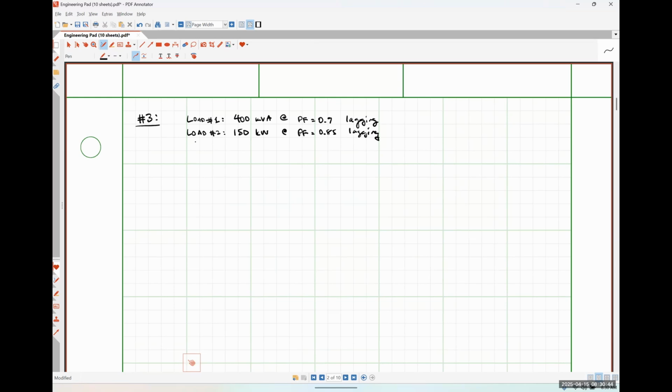Load 3 absorbs 100 kilowatts at a power factor of 0.95 lagging. And load 4 absorbs 100 kVA at a power factor of 0.95 leading.